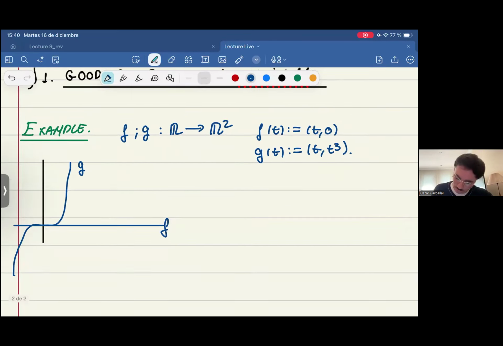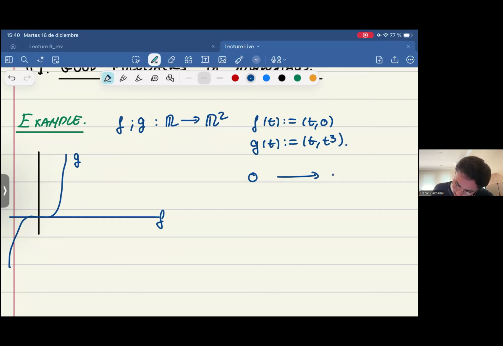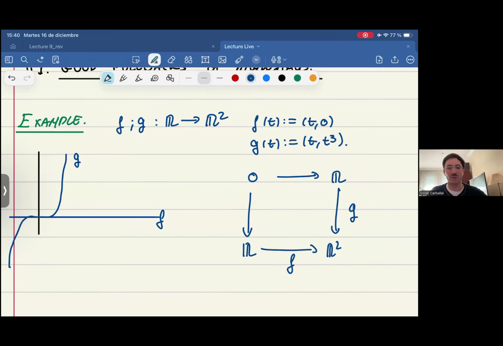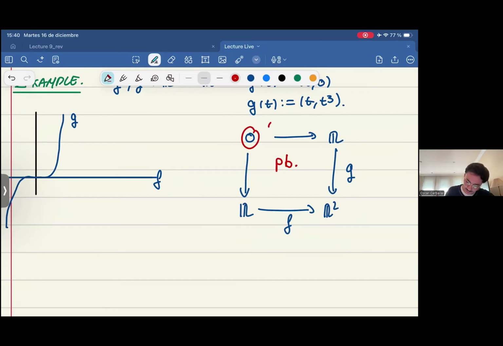And the point is that whenever we consider this diagram of maps of smooth manifolds, this is g, this is f, and this is just the inclusion of the point 0. This diagram is a pullback as topological spaces, in the sense that this object has the universal property of the pullback, and it is canonically isomorphic to the set where f and g are equal.